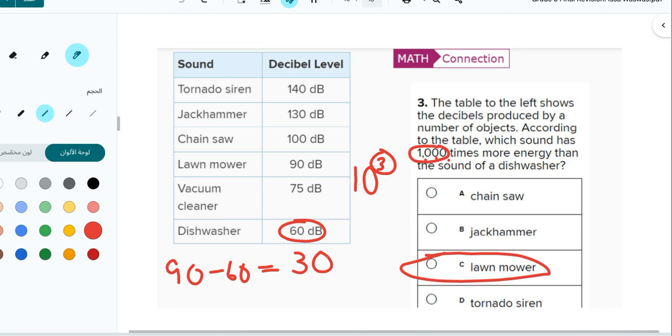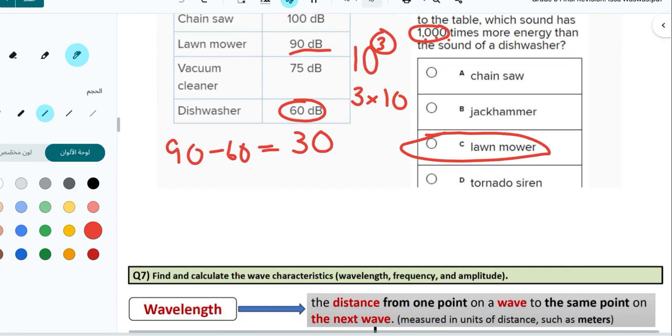Then we do 3 times 10. I'm going to write that in there because I kind of skipped steps. That's why I'm a science teacher, not a math teacher. 3 times 10 gives us that 30. Then I do 60 plus 30, which is equal to 90 here, which gives us lawnmower.